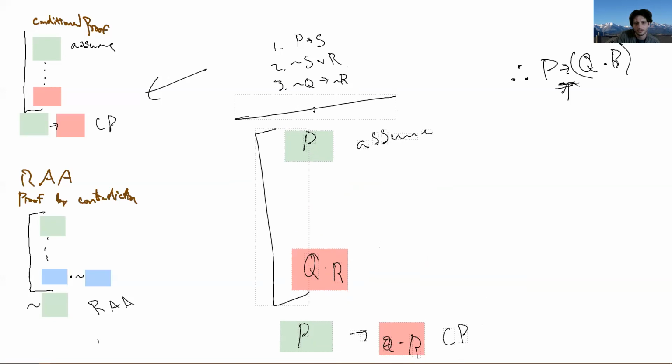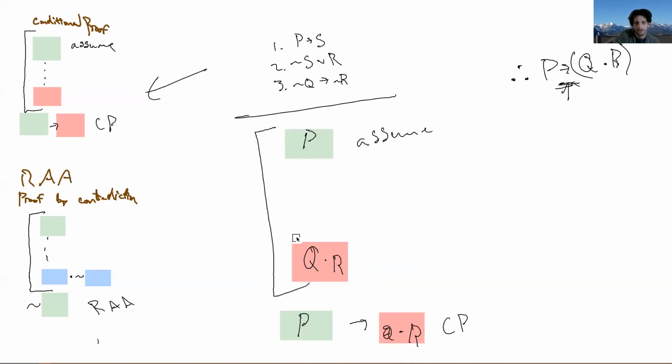It's actually really cool. Okay, just want a little bit more room in there. All right, so the idea is we just need to get from P to Q and R.